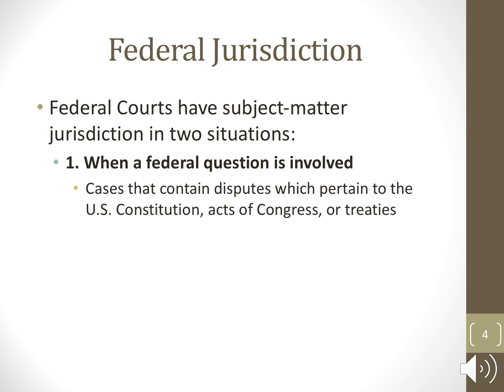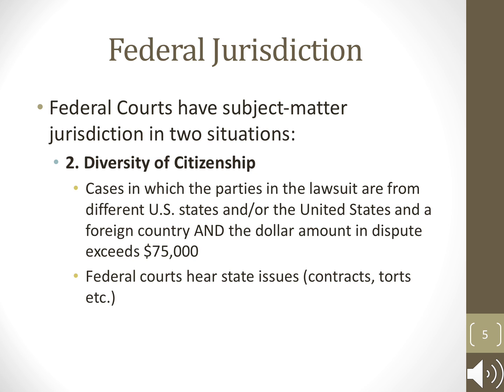So a constitutional issue, such as a claim that your First Amendment right to free speech has been violated, is a constitutional issue and that would belong in federal court. Any acts of Congress, any federal law that is in question, those go to federal court based on federal question subject matter jurisdiction.